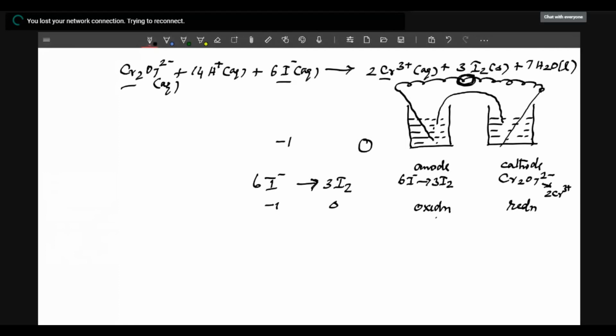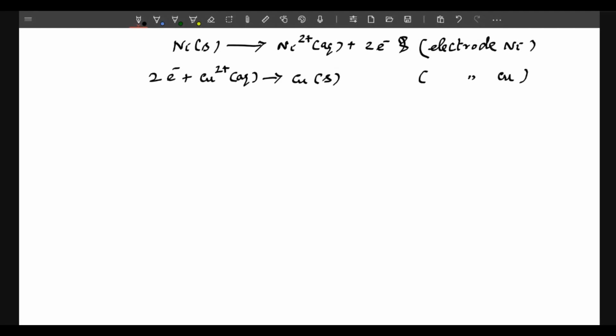Take once again a multiple choice question, but do not worry, the CSIR examination is a basic level question. The following two half reactions occur in a voltaic cell.